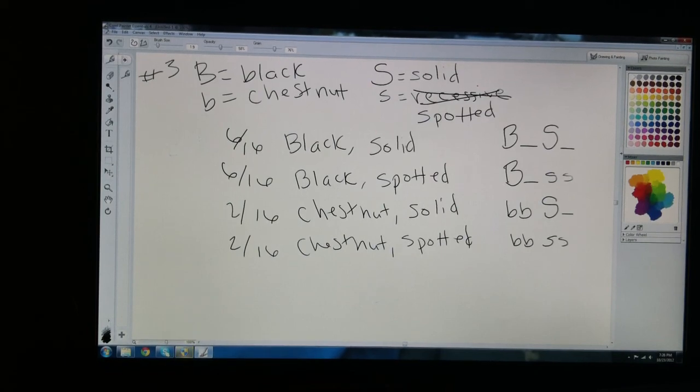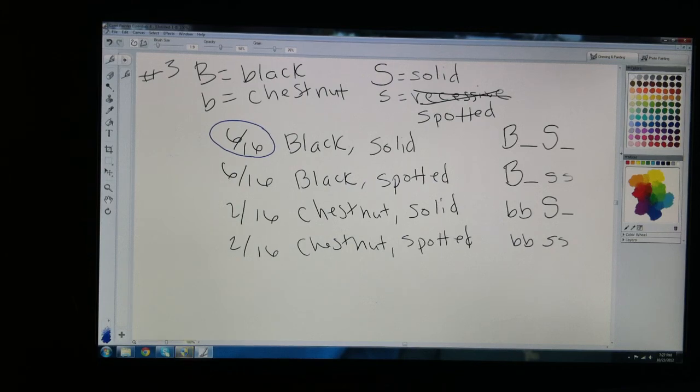So in our offspring that tells us 3 out of 8 are black and solid. I just converted the 3/8 into 6/16 because we're used to looking at a dihybrid cross that has 16 squares, so it's easier to visualize this way. Then over here, all I did was write down what the genotypes are.